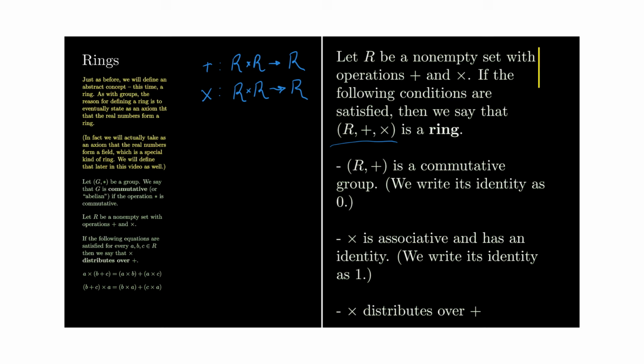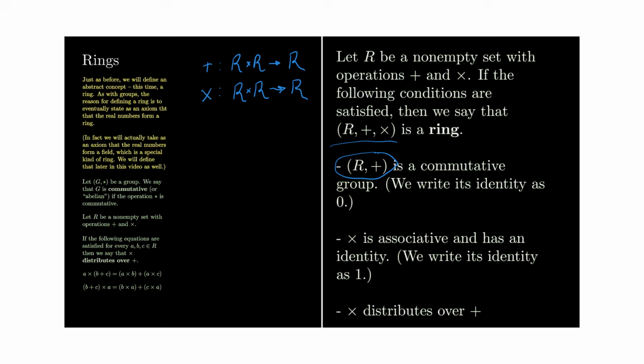So, okay, let's give the conditions for R together with plus and times to be a ring. All of the definitions as we have established them so far now make it relatively straightforward to state what a ring is. To begin with, let us restrict our attention to the plus operation.